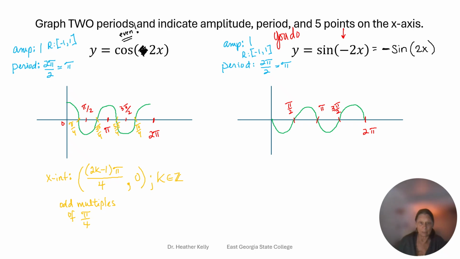Ooh, look how interesting this has gotten. Okay, and then in between here, this is going to be pi over 4. It's going to be 3 pi over 4. It's going to be 4 pi over 4. This is going to be 5 pi over 4. 6 pi over 4. 7 pi over 4.